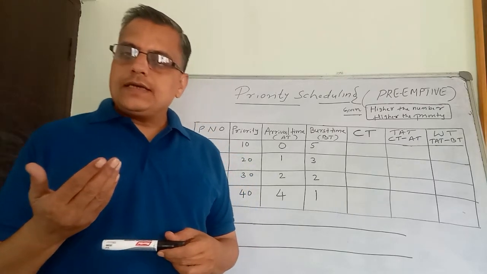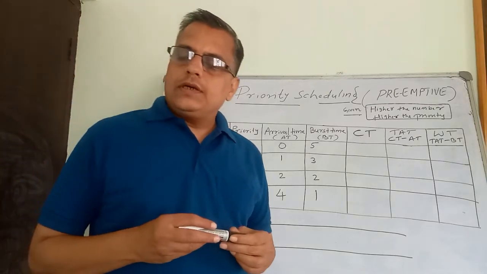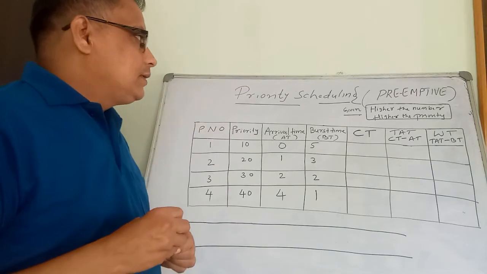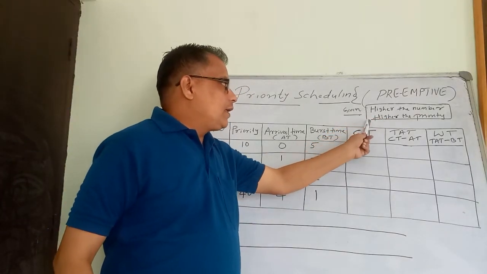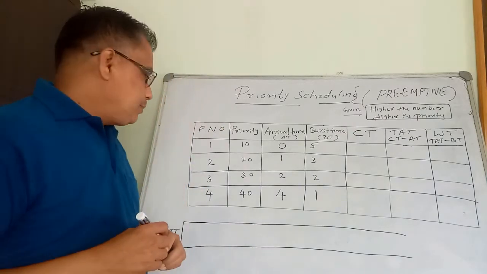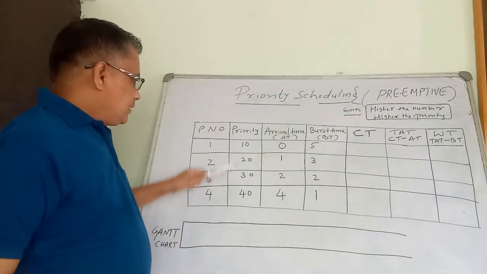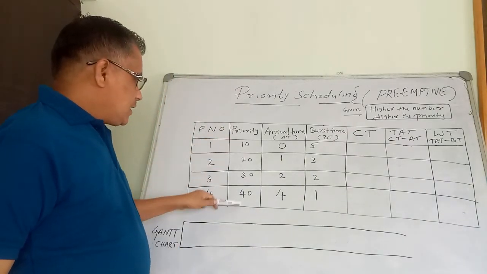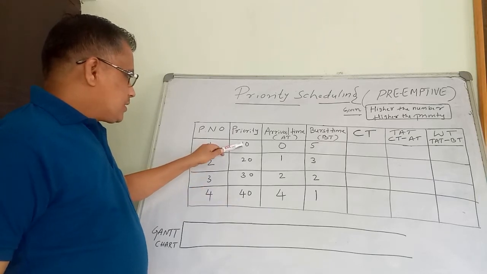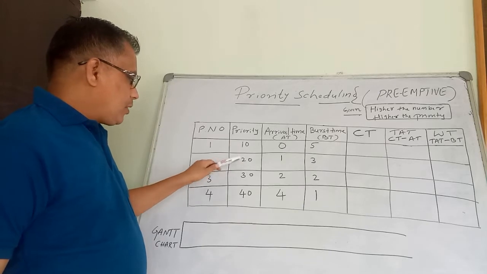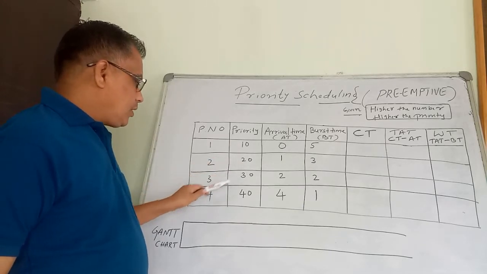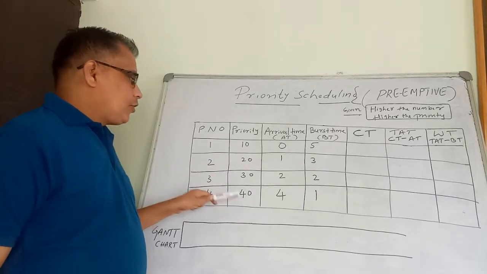As far as our problem in the table is concerned, the given data is higher the number, higher the priority. What do you mean by that? You can see here, process number 1 has priority 10, process number 2 has 20, process number 3 has 30, and process number 4 has 40.